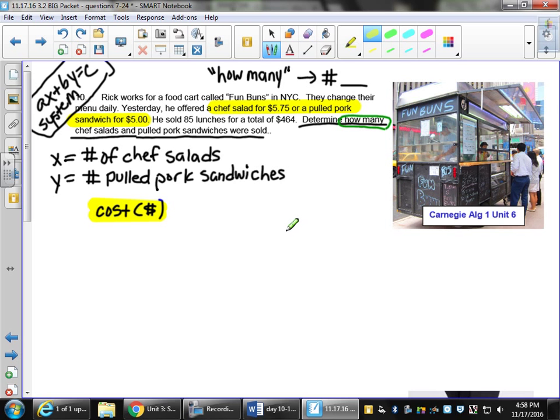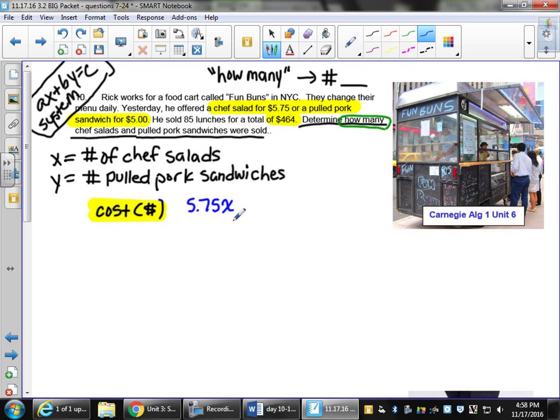Now we know it has to all go together. So money and money has to equal total money. Where do you see total money? Total money, $464. So we can write this first equation, $5.75 per chef salad. Chef salad is represented by x.